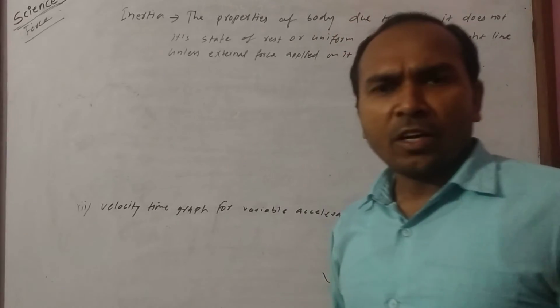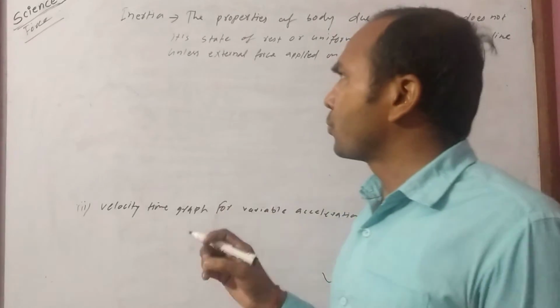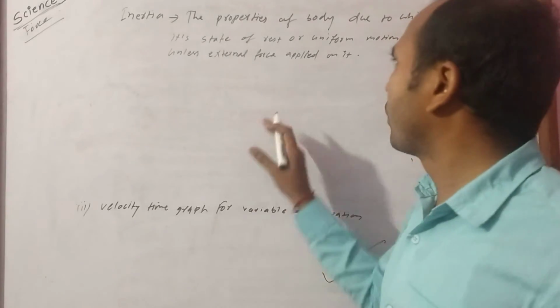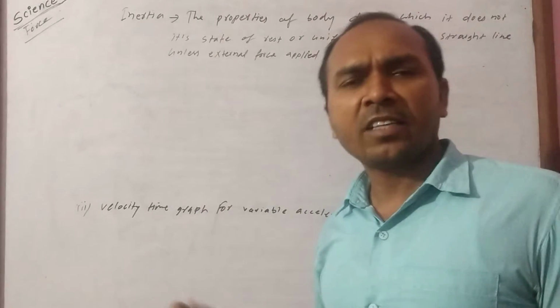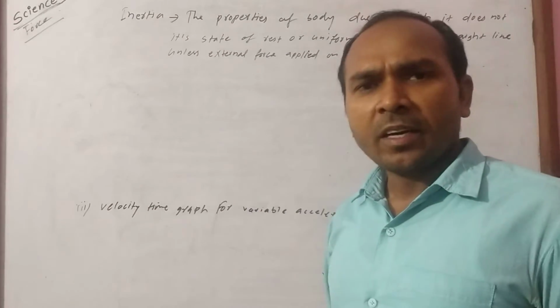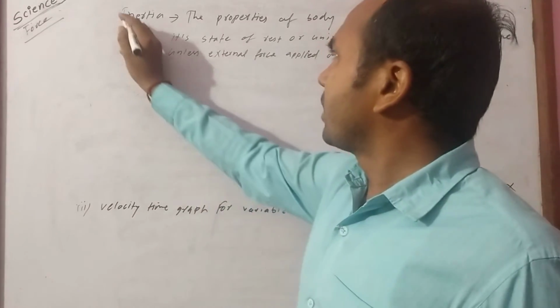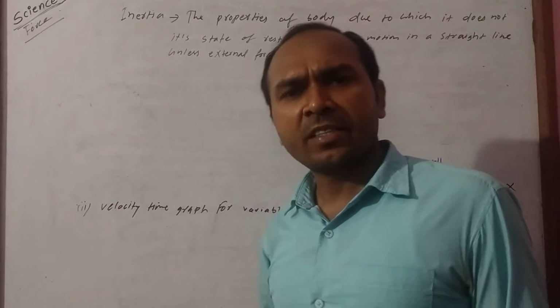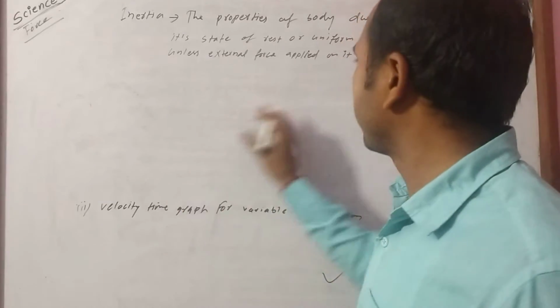It means the object tends to remain in its state of rest or in uniform motion in a straight line unless an external force is applied on it, and this is known as inertia. Due to inertia the body is unable to change its state by itself.